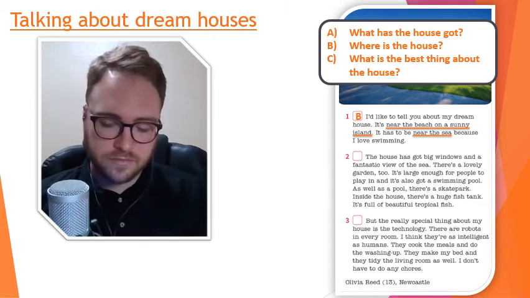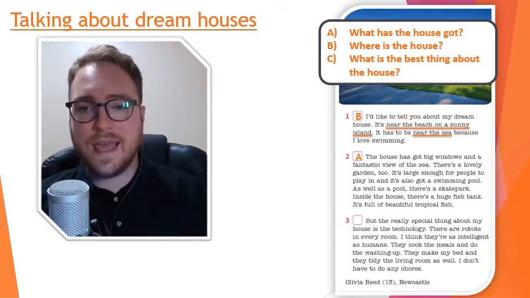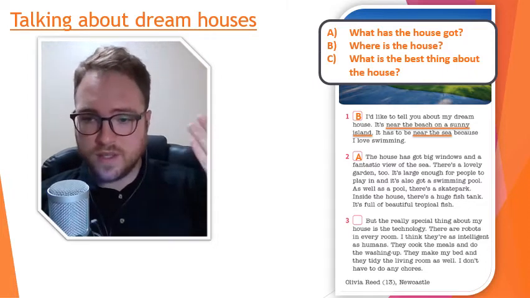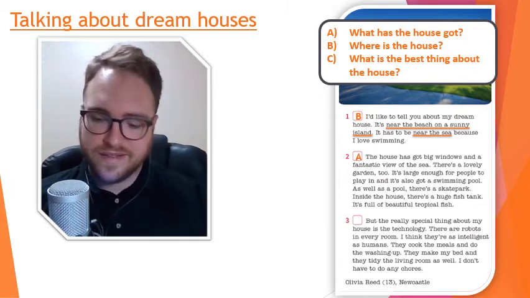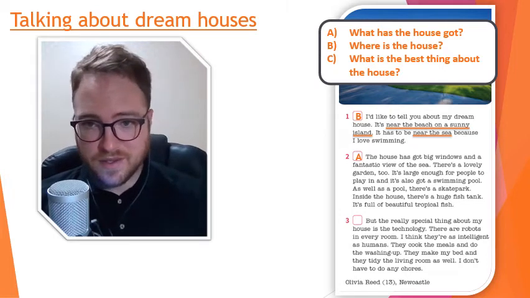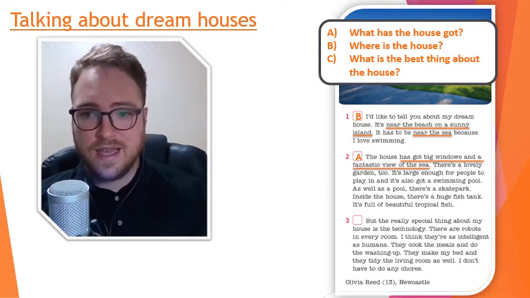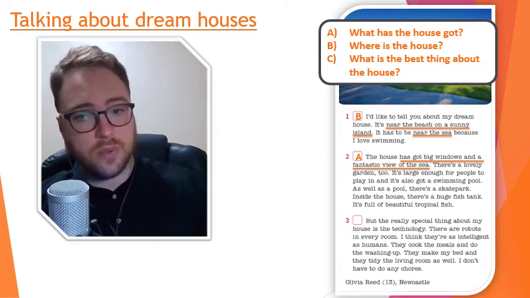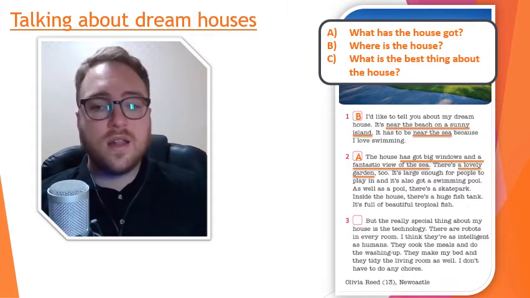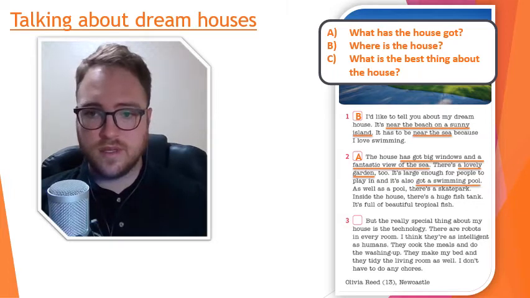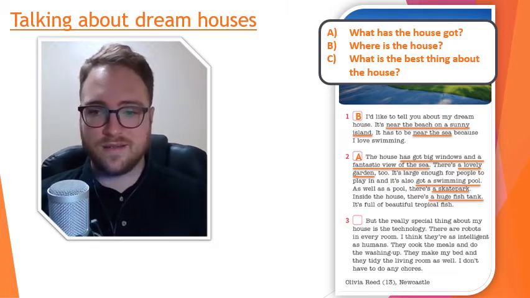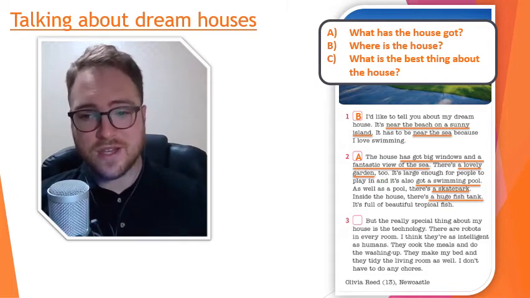Paragraph 2 is A. What has the house got? What does it have? You can find the answers to the question in this paragraph. It has got big windows and a fantastic view, a lovely garden, a swimming pool, a skate park, and a huge fish tank.